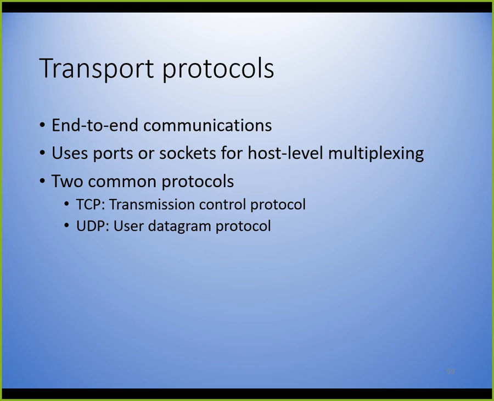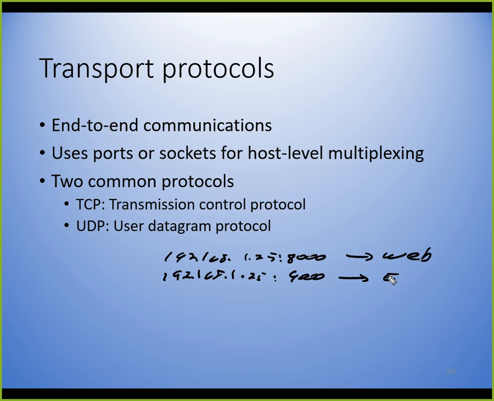And that's where the ports or the sockets come in, because I would have a connection on my machine, let's say 192.168.1.27, and port 8000 might go to the web server, and then 192.168.1.25, port 9000 might go to the email server. So I can have multiplexing, multiple connections going on at the same time.